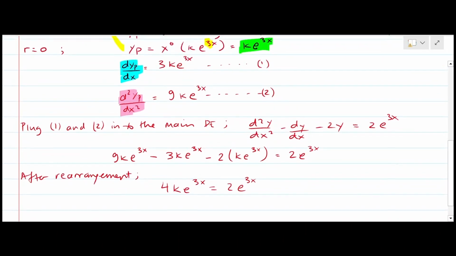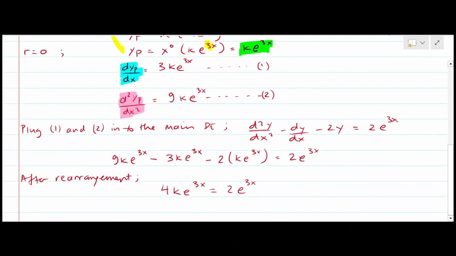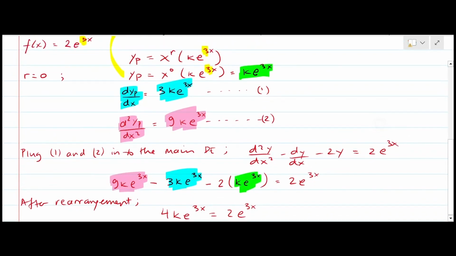Just highlighting a little bit: this term is highlighted the same as the pink terms, and the 3k goes to this part, and this is the green part there.